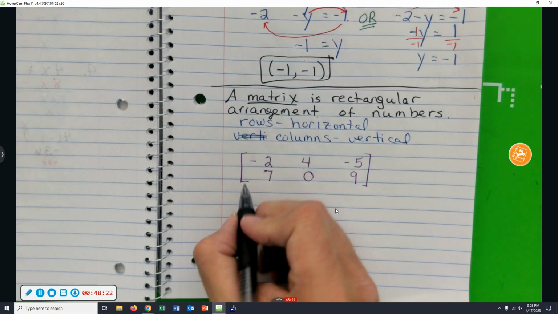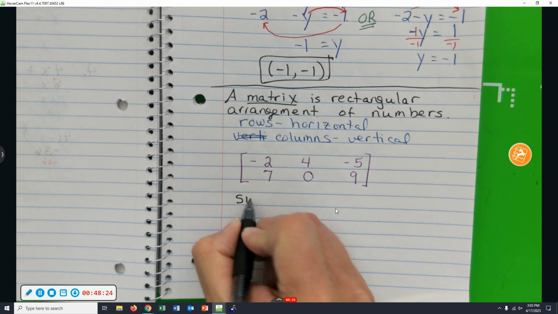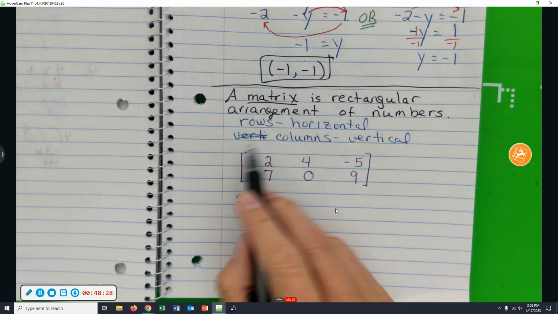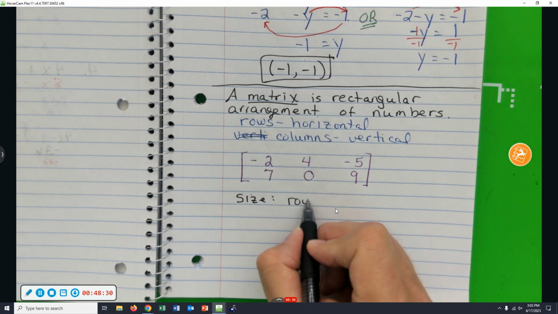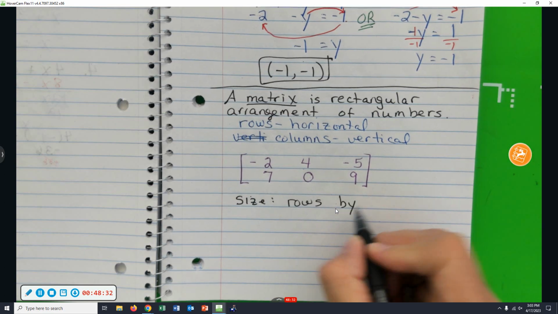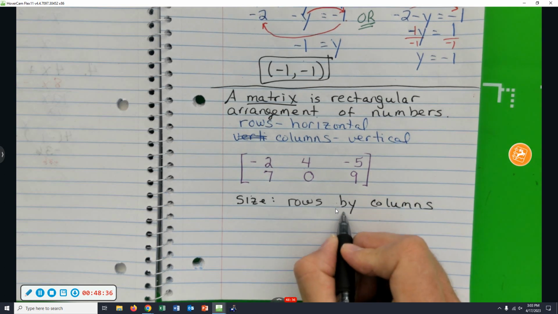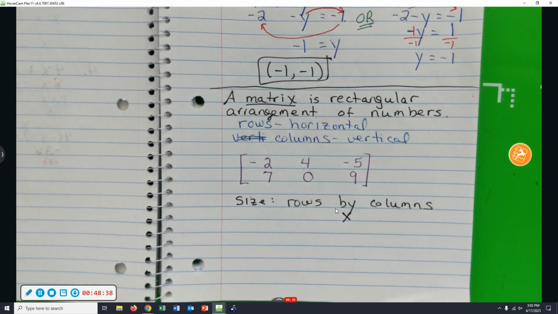Now, the size of a matrix: if someone says, give the size of a matrix, you're looking at the number of rows by columns. And the by we usually write with the X, but we're not multiplying.